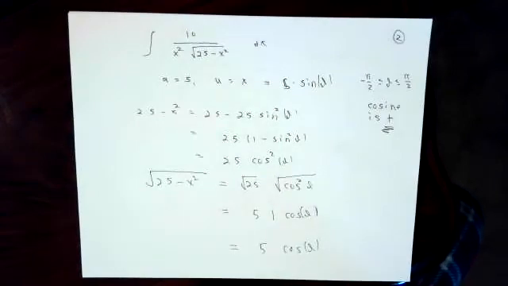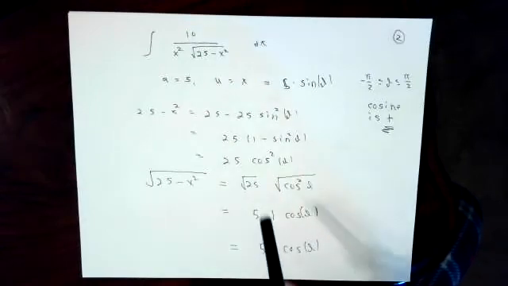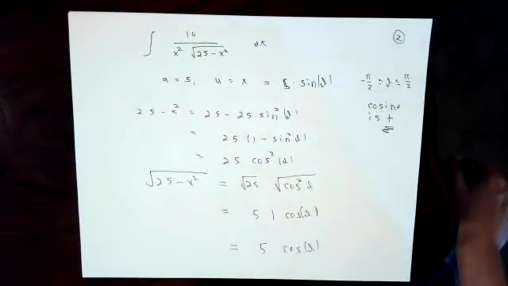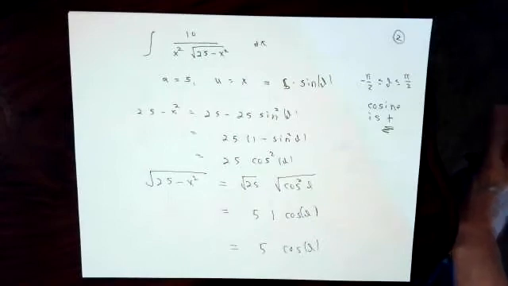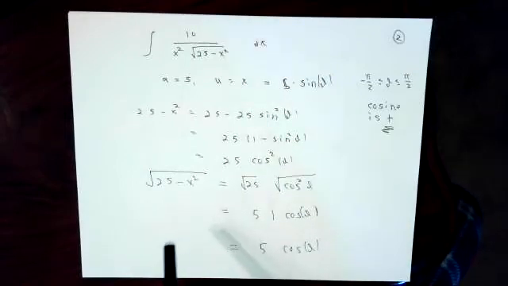If you figure out what 25 minus x squared is, it ends up being 25 times cosine squared of theta. So the radical that we're talking about is literally 5 times cosine theta.